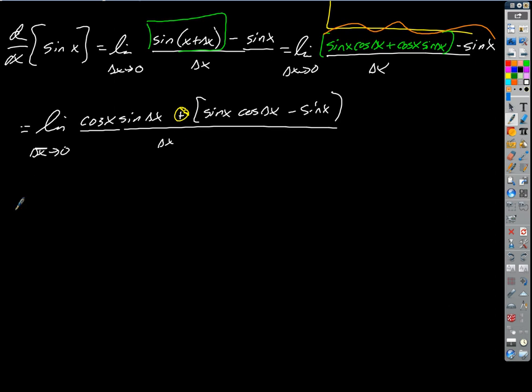We get this limit, plus this other limit of all that stuff, which we'll get to. Let's focus on the first one for a second. Do you see anything helpful there?